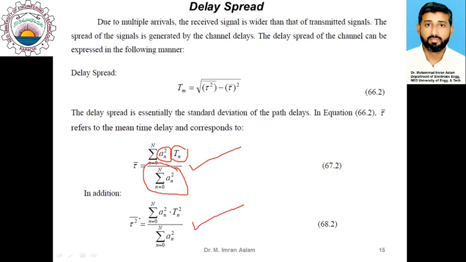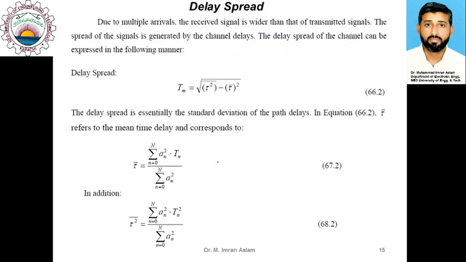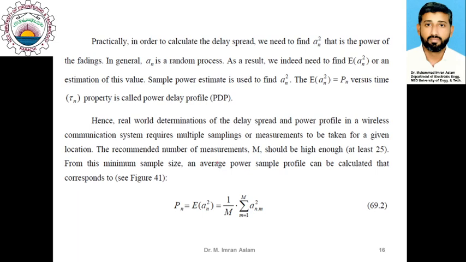Similarly, tau square bar is the average value of the delay squared, and it is calculated the same way. The only difference is that we calculate the mean value for the time squared. So this is the parameter that we use to represent the delay in a wireless environment.